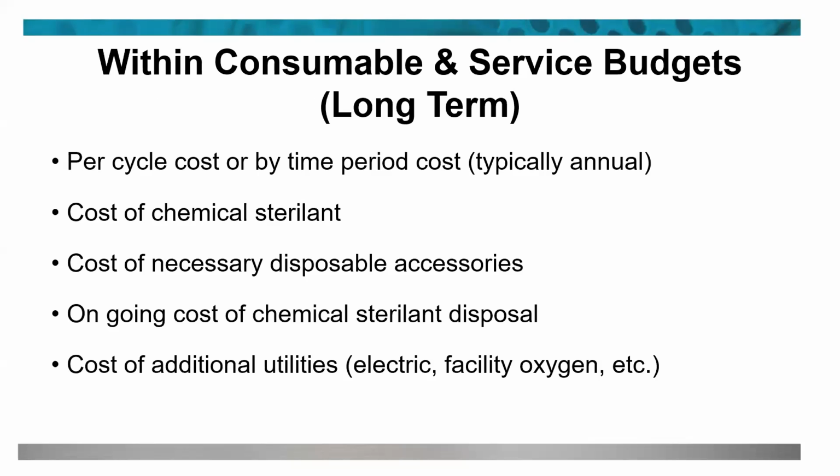And then also you want to think about the cost of if you have to dispose any of the sterilant. Some of it you can just go ahead and the machines will automatically dispose of it. Others, you may have to run cycles to get to dispose of it.